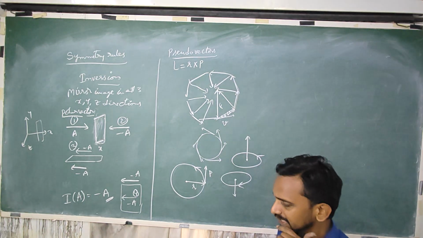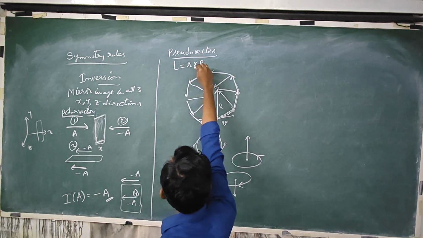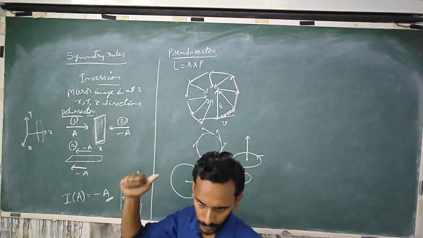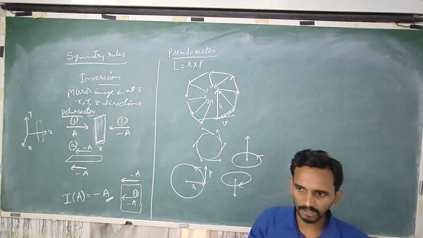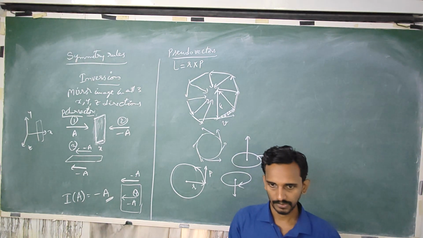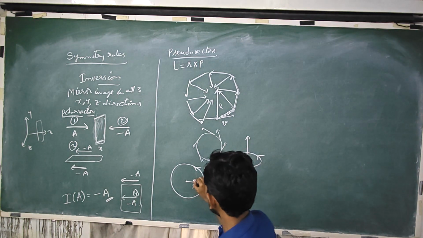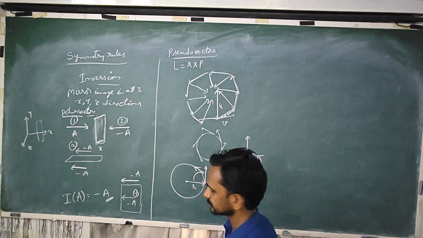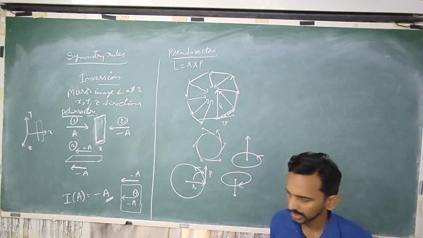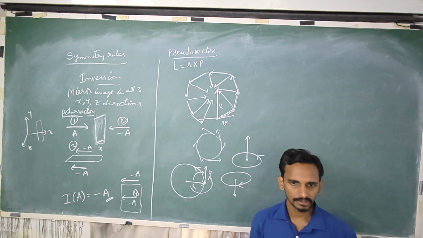So here the rule is, the right hand thumb rule applies here also. The curl of fingers represents the direction of motion from the first vector to the second vector. So if you are taking R and P, you have to take the direction of motion from R to P. This way or this way? It's a matter of discussion that we'll see.